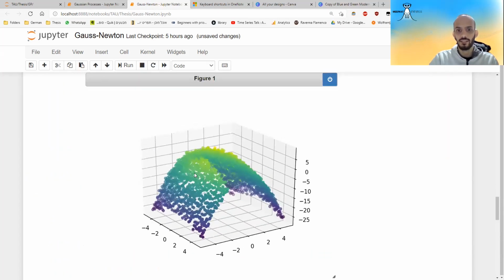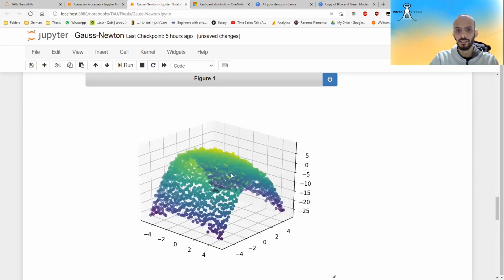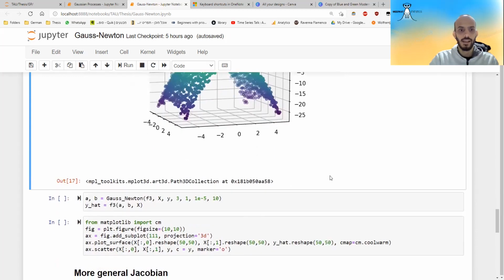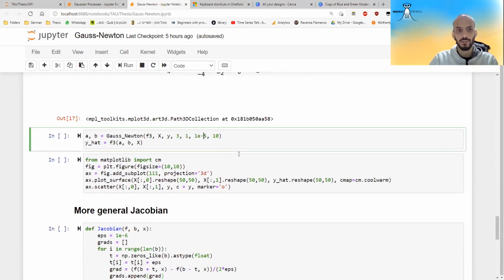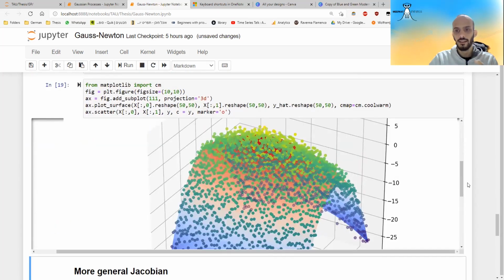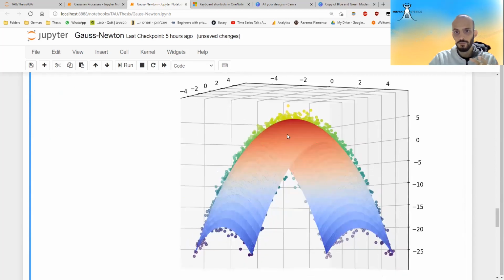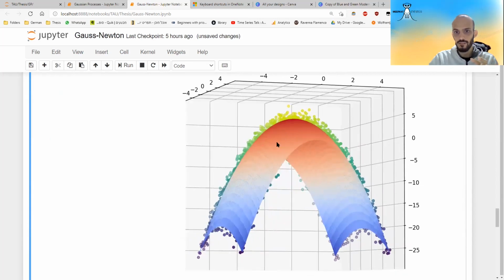Okay, so you can see here, this is how the data looks like, plus I added some noise. Yeah, and now I will fit the Gauss-Newton to it. Now you can see the data that was given before, plus the fitting function. So you see the points are the data, but this graph over here, this contour graph, is the function that we fitted to this data.